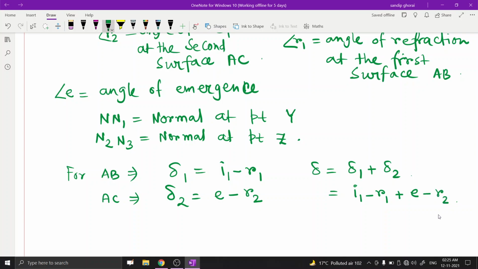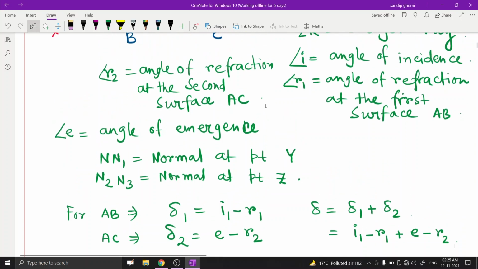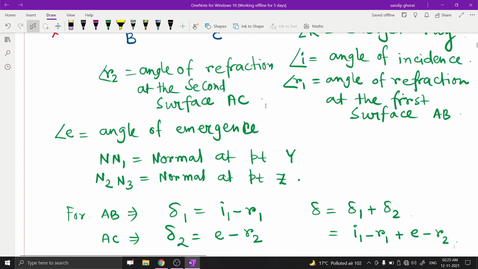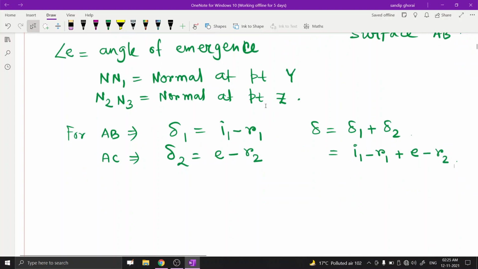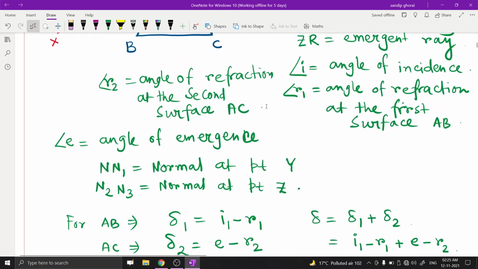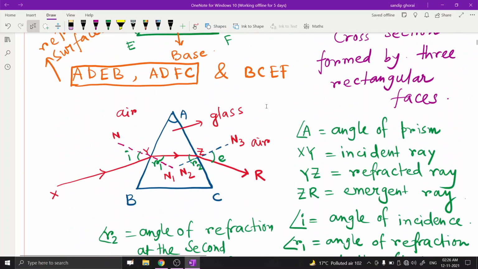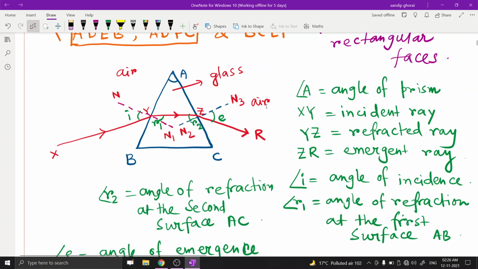So if we know all these angles, then we can find out the deviation angle. In a practical system, we can easily find out the total deviation for a glass prism.